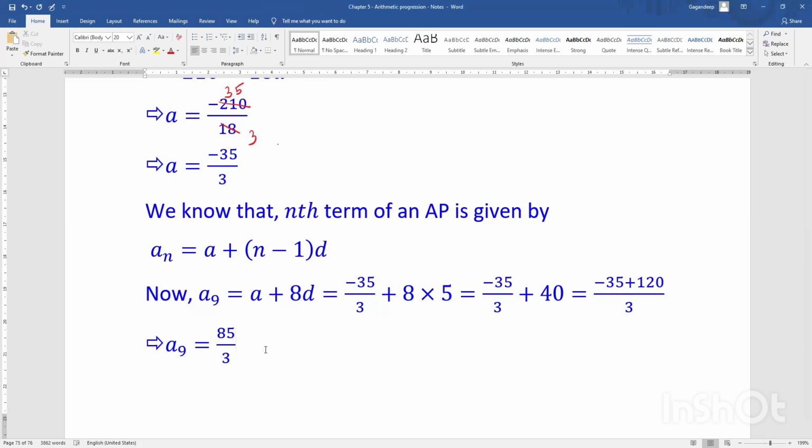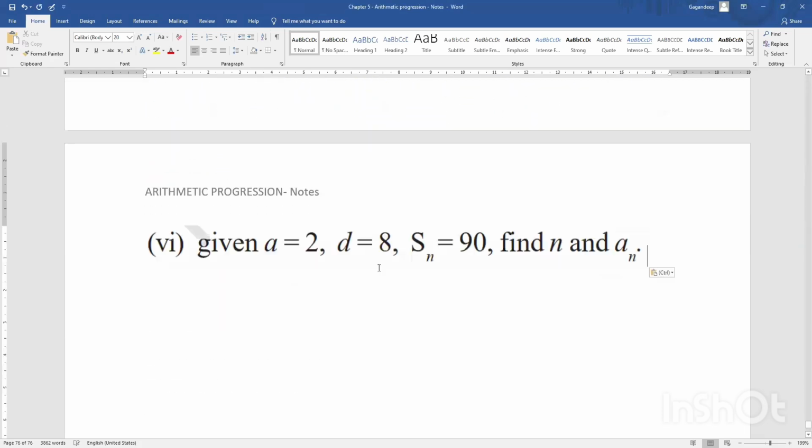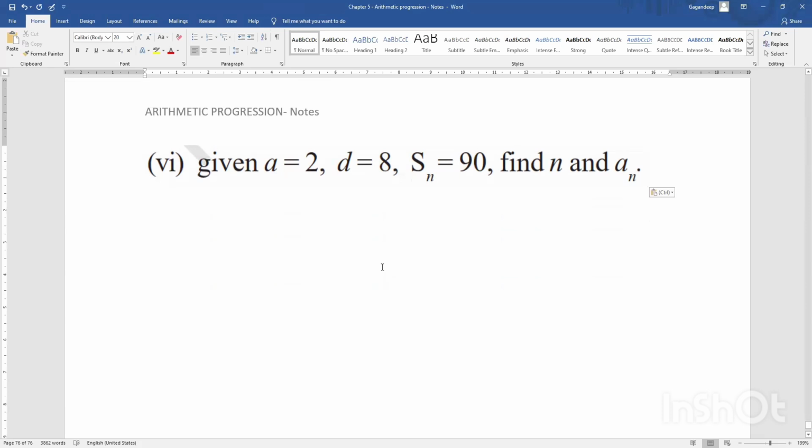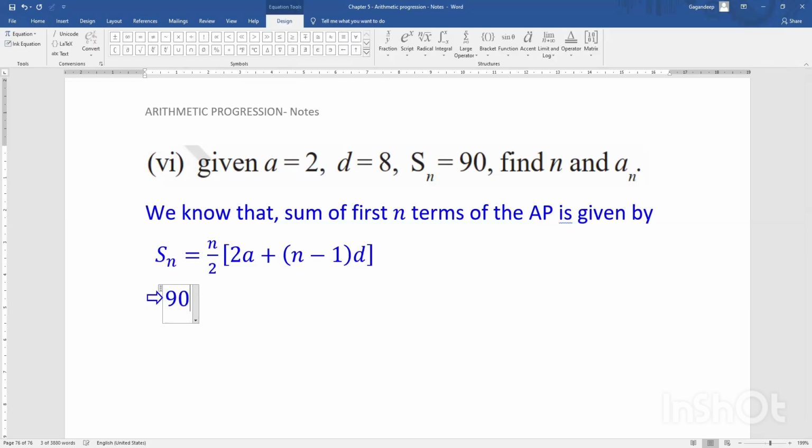Now I move on to the next problem, sixth problem. Given A equals 2, D equals 8, Sn equals 90, find N and An. Now here we have the Sn formula. Sn formula is N by 2 into 2A plus N minus 1 into D. Now I'm going to substitute Sn as 90. 90 equals, and N value we don't know, so let it be as it is, N by 2.